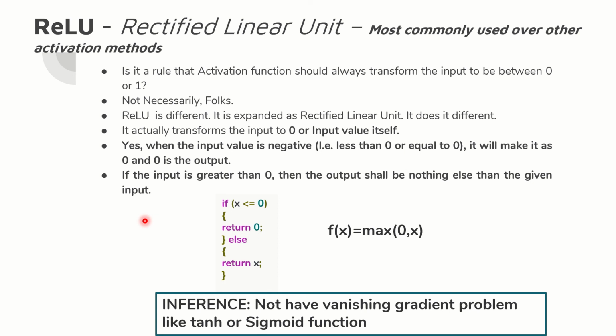Else the input itself will be returned. I repeat, if the input is negative, that is less than or equal to 0, it will make it 0. If the input is greater than 0, then the output is nothing else than the input. So the input itself is sent as the output. Now, the vanishing gradient problem is completely avoided in ReLU.